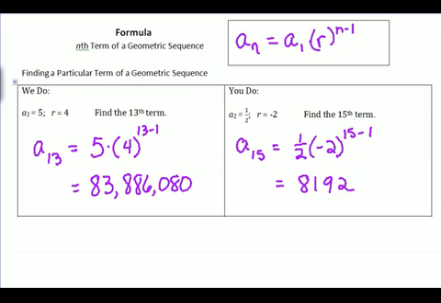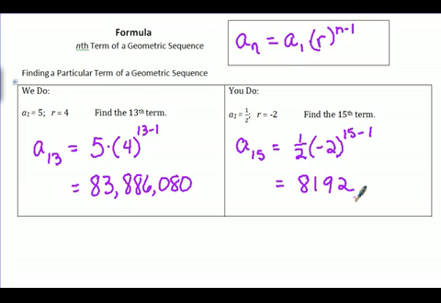If you were successful in this example, you should have ended up with 8,192. Now maybe if you didn't have a calculator with you, at least check that you substituted into the formula correctly and know that this is the answer that you would get in the calculator.